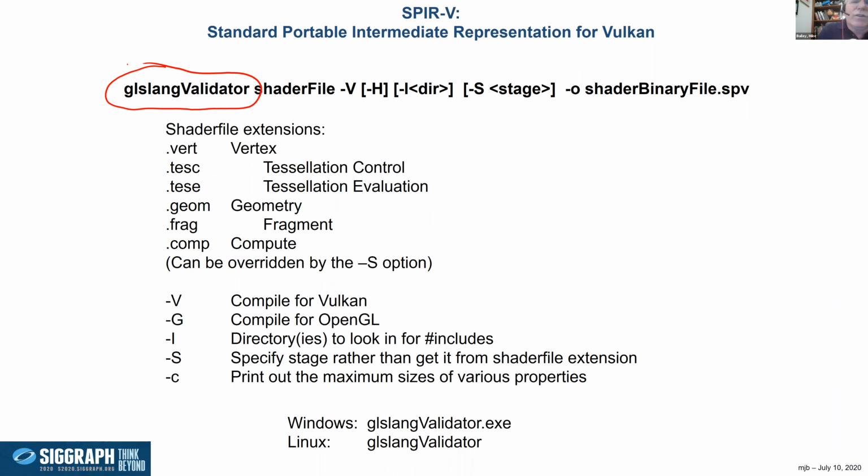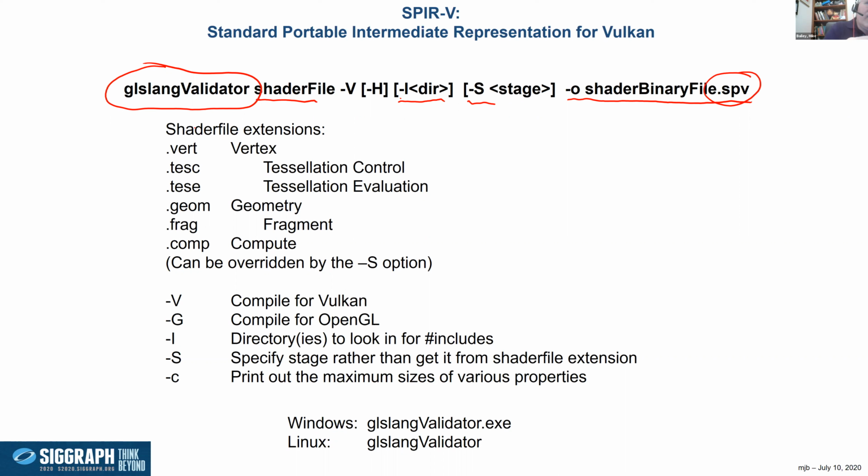And you give it the shader file, and you can tell it where to find include files. You can tell it which stage this is. Is it a vertex shader or a fragment shader, and so on. And then this is the output. And the file name extension is .spv.